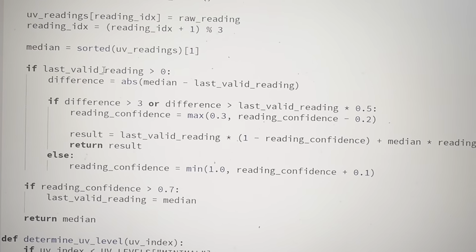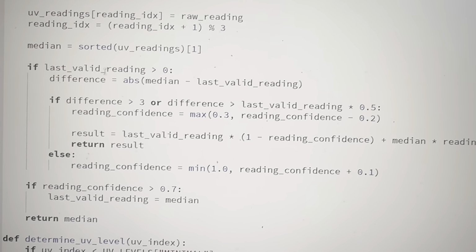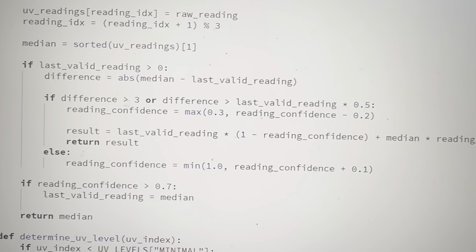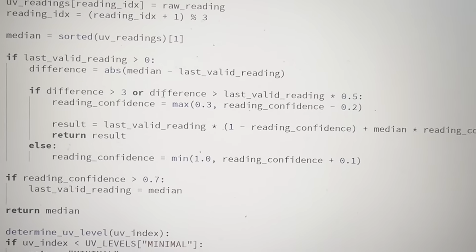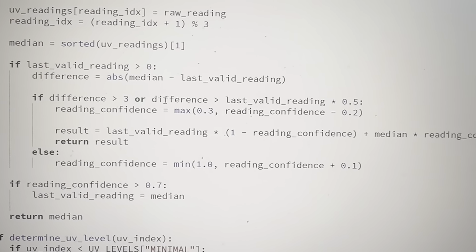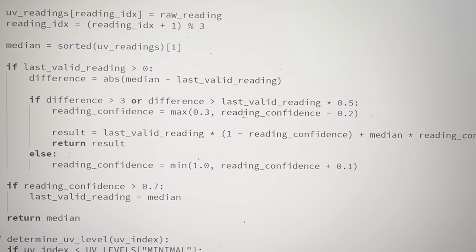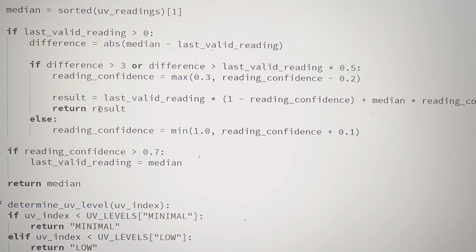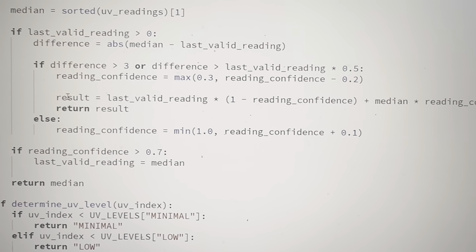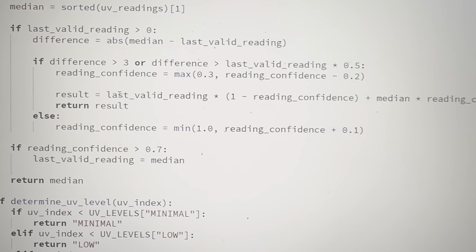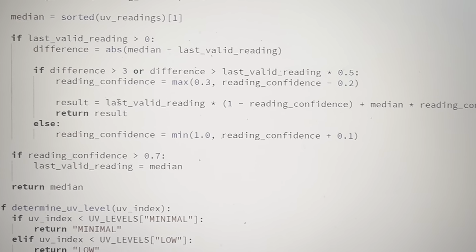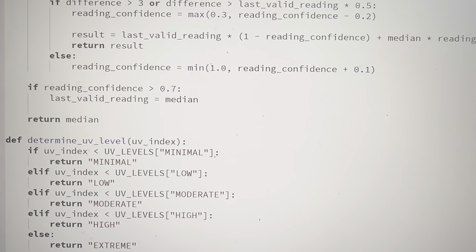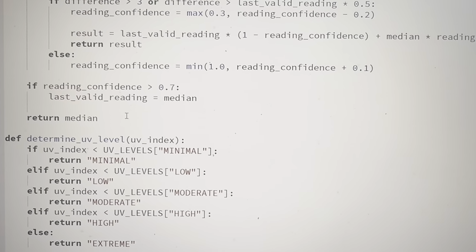So the idea is pretty simple, that we have a median value, and when we detect some anomaly input, that when the difference compared to the previous is greater than 3, or this difference is greater than half of the last valid reading, we will lower our confidence and return a result that is calculated, so that we will not let this value affect our feedback for the user. So when it's normal, we'll just return this median value.